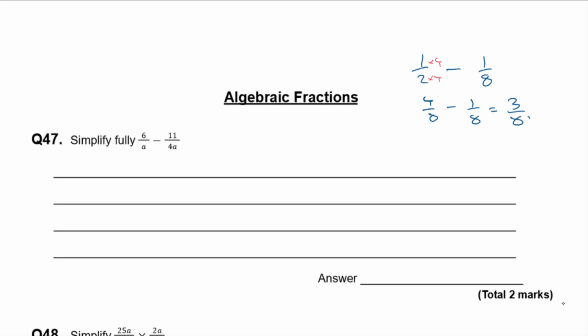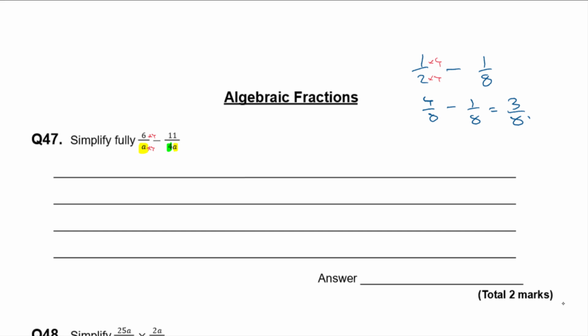Now we're going to do the same thing here. I've got a as one of my denominators and 4 lots of a on the other one. Okay, so the denominator of the second fraction is 4 times bigger. So the common denominator is going to be 4a. So all I really need to do is times this one by 4, so I've got the same denominator for both.